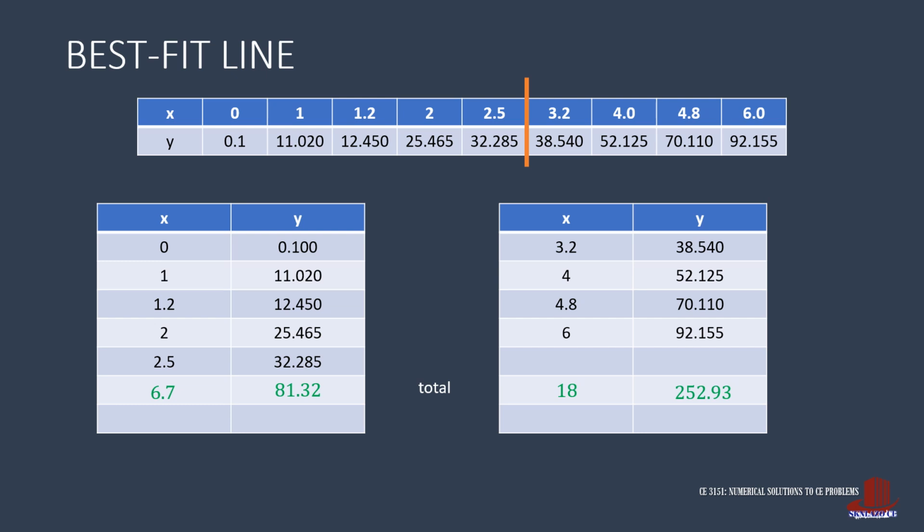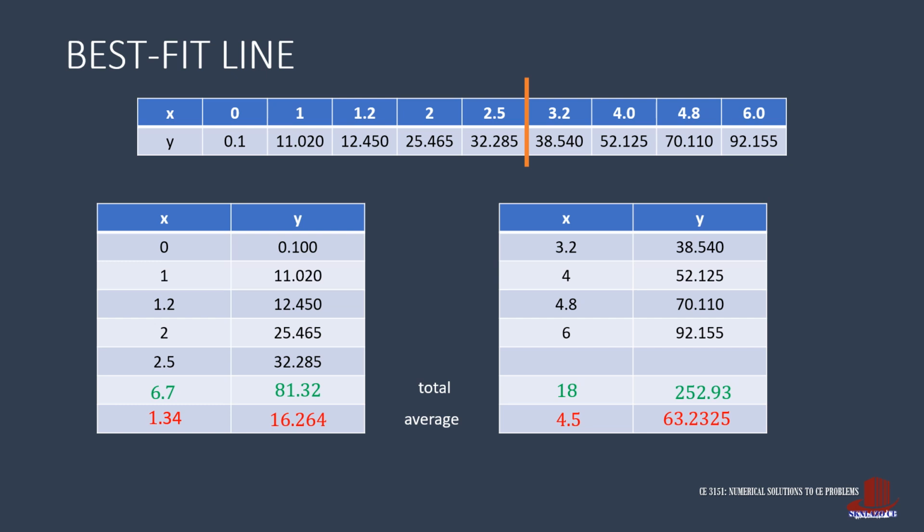252.93. The average is taken by dividing the total by 5, giving x of 1.34 and y with 16.264 from the first table. Divide the total by 4 for the second table, thus giving 18 over 4 or 4.5, and 252.93 divided by 4 as 63.2325.